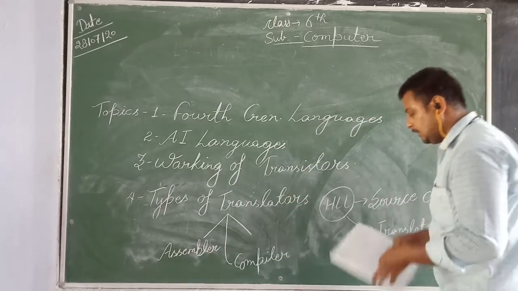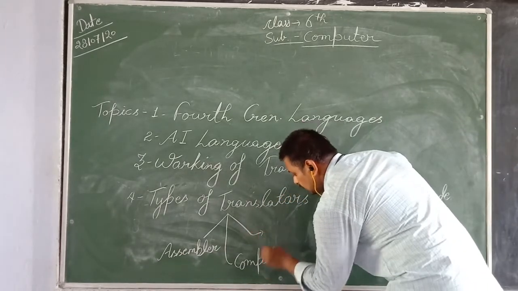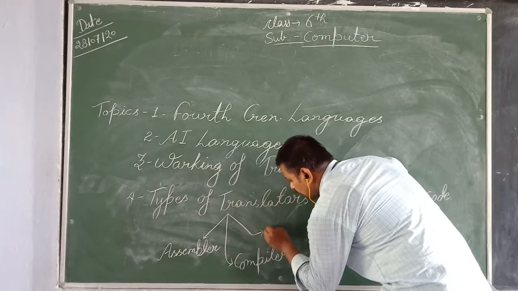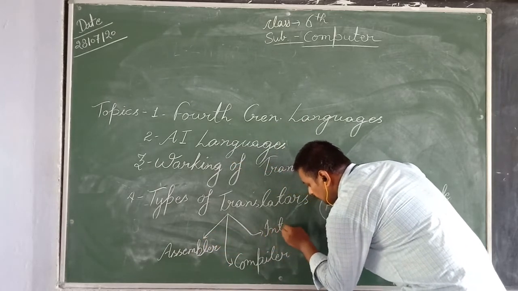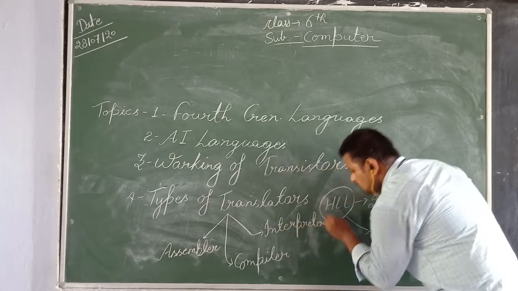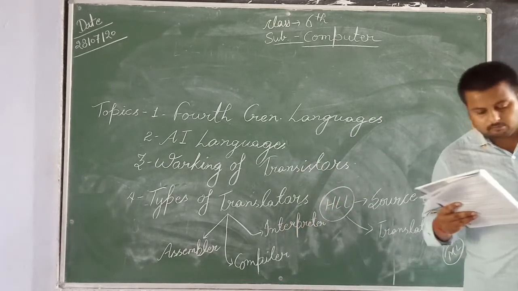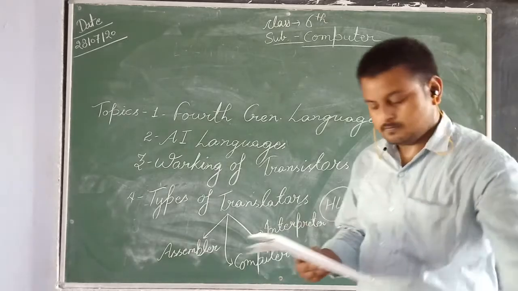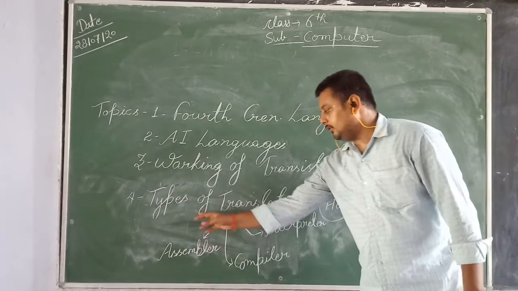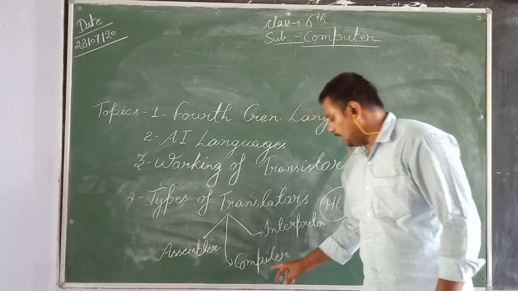And third is the interpreter. So these are the three types of translators: assembler, compiler, and interpreter.